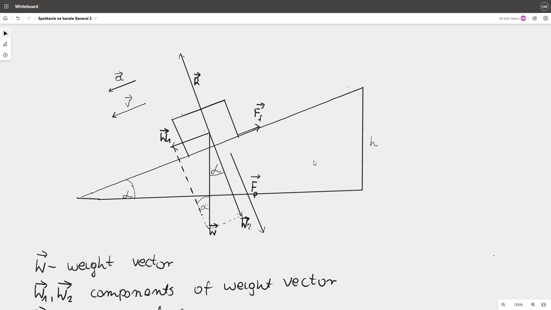Now we have to express magnitude of W1 and friction force by mass, g, and sine and cosine of alpha. Friction force is equal coefficient of friction times force of pressure. Pressure force is equal magnitude of W2. We can find angle alpha in these triangles.